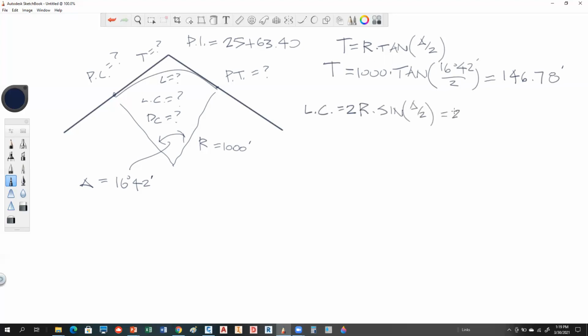So that gives me 2 times 1,000 times the sine of half of delta, which is 16 degrees, 42 minutes. Okay, and let's see what we come up with here. If anybody's not getting any of these numbers, let me know, okay?